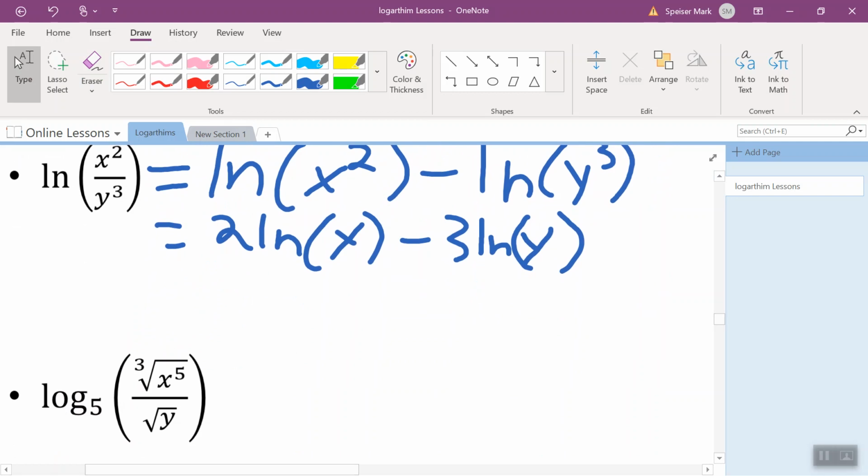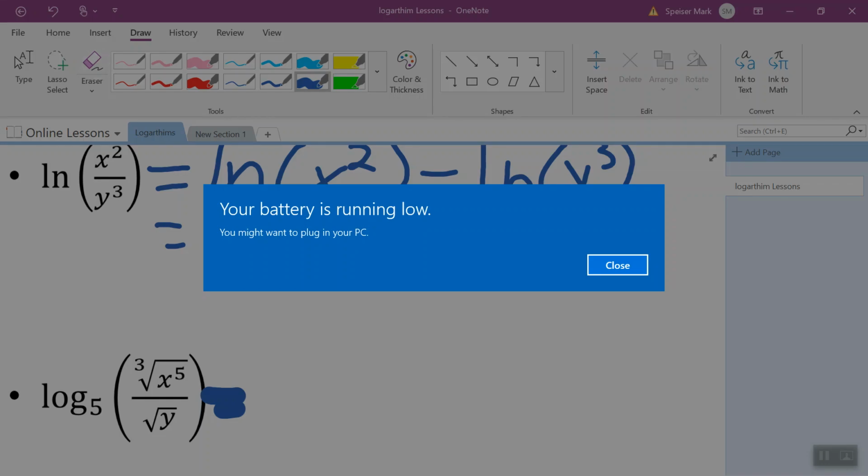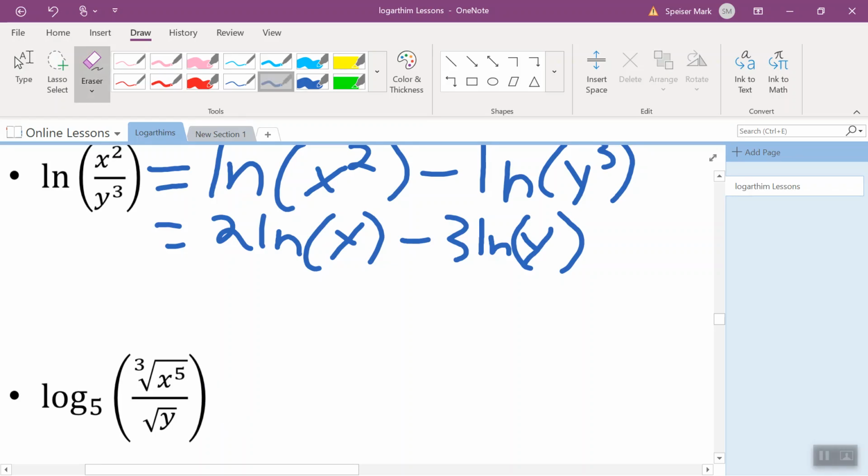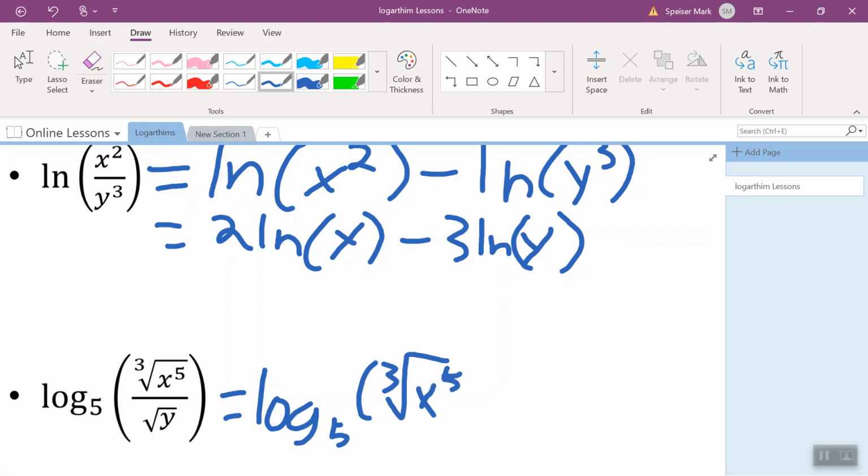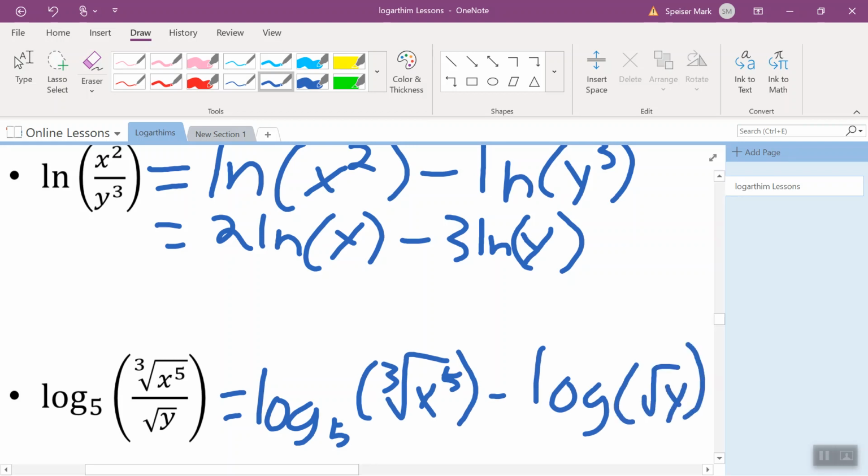On to the next one. This one involves roots. Same thing, use the division rule, or the quotient rule. Equals the natural log of the 5th root of x to the 5th, minus the log of the square root of y.